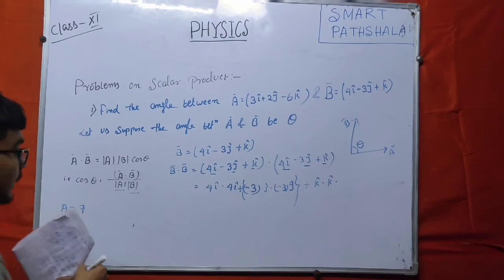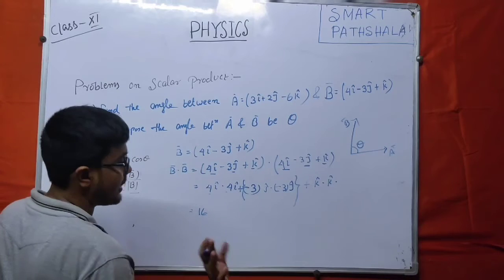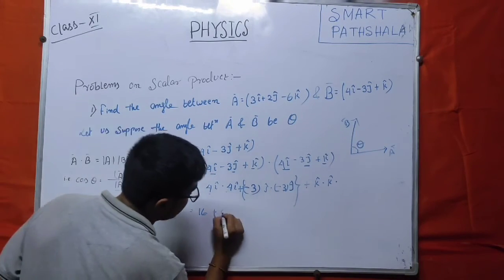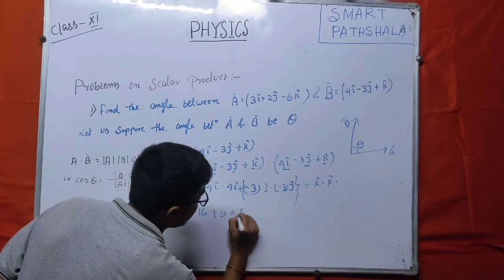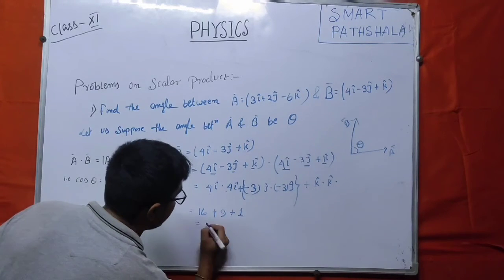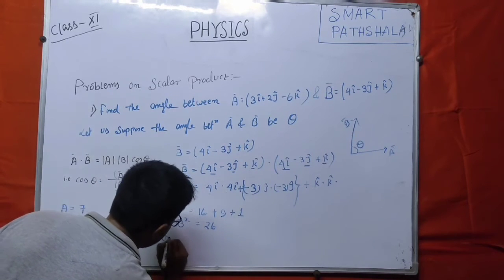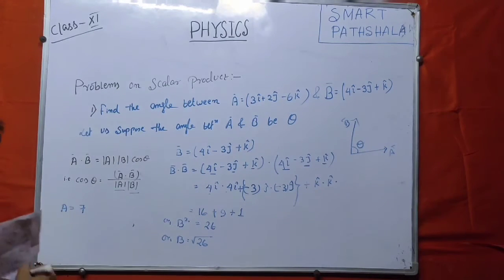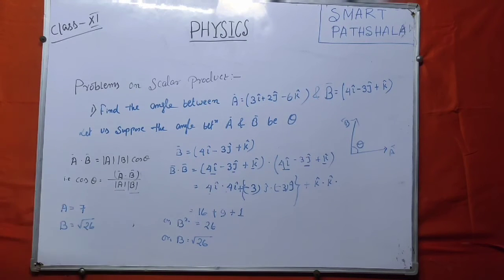Now 4 into 4 is 16, i dot i is 1, plus minus 3 into minus 3 is 9, j dot j is 1, k dot k is 1, plus 1. This means 26, or B square is equal to 26, or B is equal to root 26. So the magnitude of B is root 26.